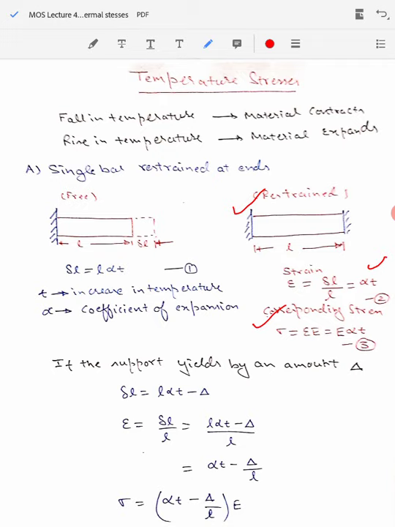The reverse of it will happen if we reduce the temperature. In that case the bar will try to contract and the wall will not allow it to contract, causing tensile stresses of the magnitude which can be calculated from equations 2 and 3 in this bar.